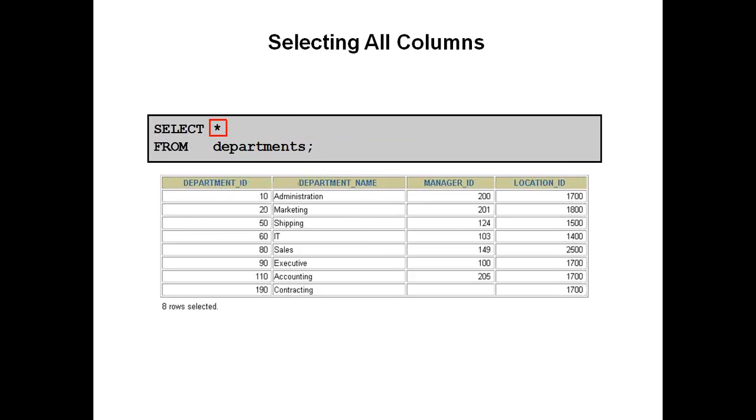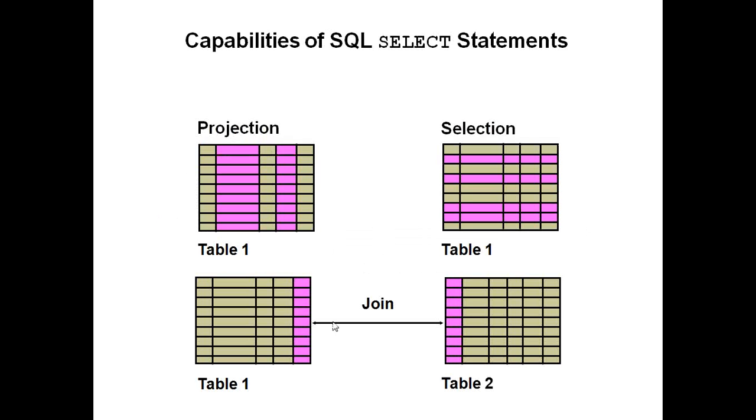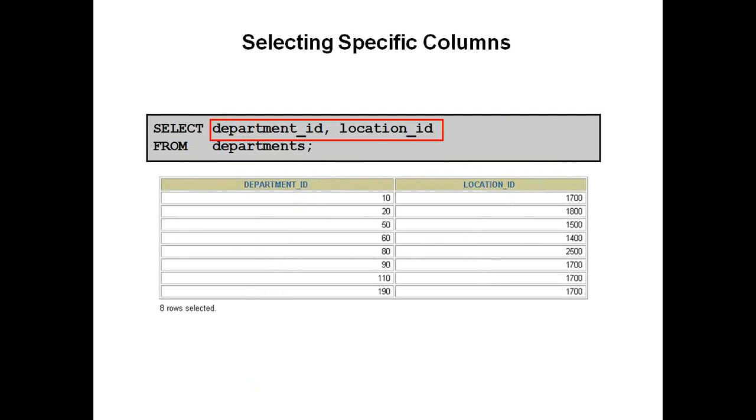So retrieving specific columns is projection, and here also we are doing the same. From the departments table we retrieve only two columns, so that is why this type of selection is called projection.